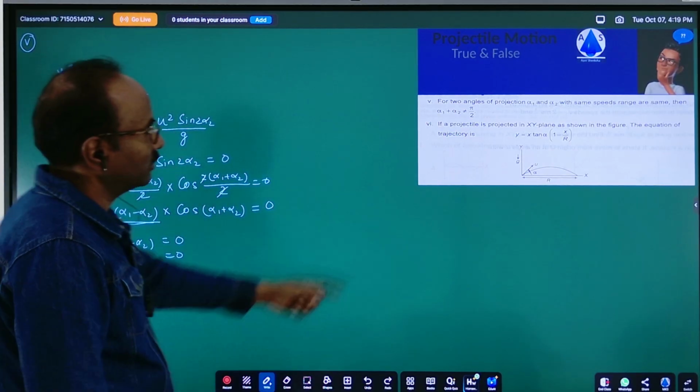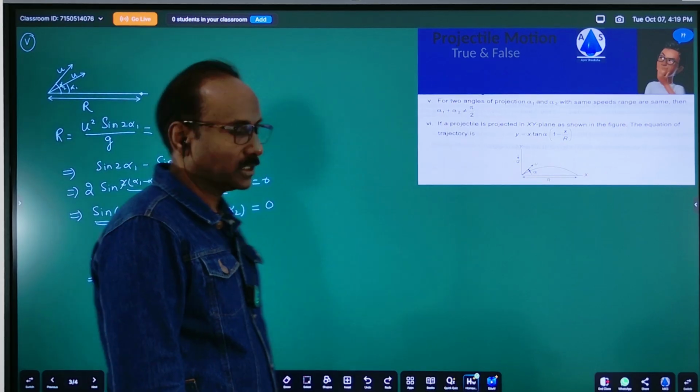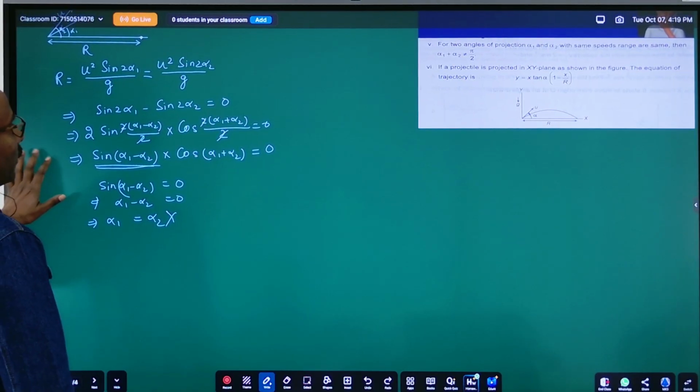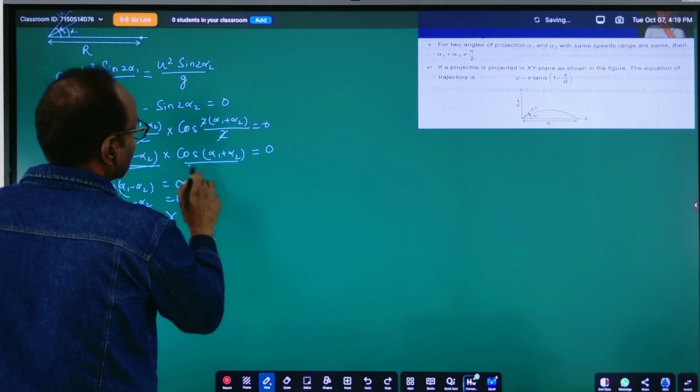And anyway, we have to check whether alpha 1 plus alpha 2 is not equal to pi by 2. So we will check this now.